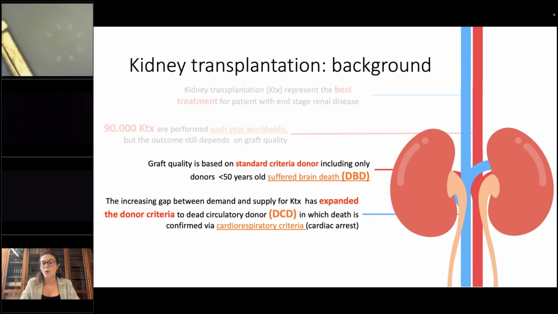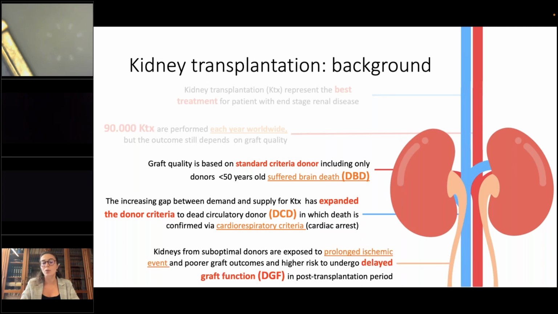However, the increasing gap between demand and supply for kidney transplantation has expanded these standard criteria donors to generate the extended criteria donors, which additionally include donors for whom death is confirmed via cardiorespiratory criteria, also known as donors after circulatory death.